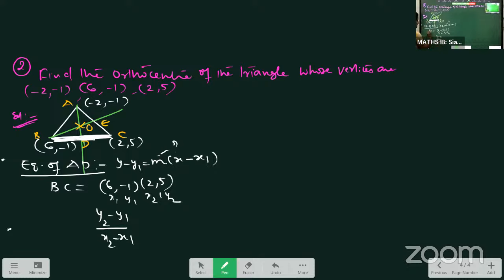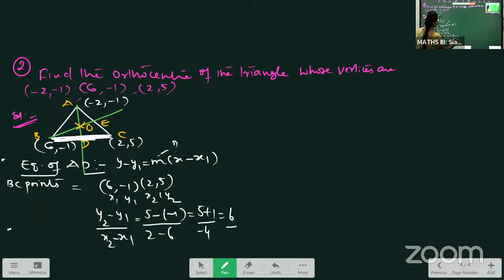Okay, take the BC points. Here you write down what I am writing. With the help of these points, we will find the slope. y2 minus y1 by x2 minus x1 is 5 minus of -1 by 2 minus 6, that is 5 plus 1 by 2 minus 6, that is 6 by -4.